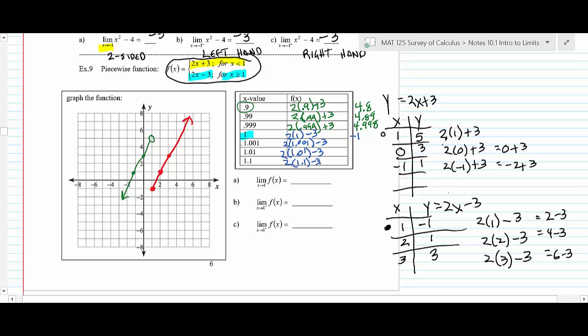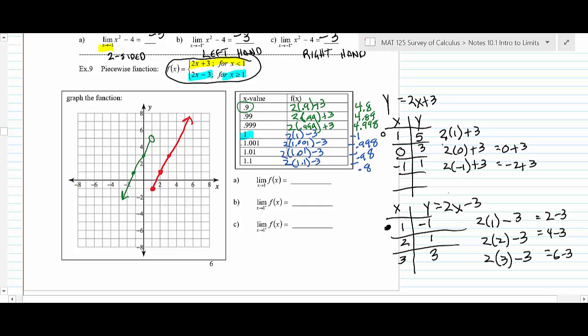So I have 2 times 1.001 minus 3, that's going to give negative 0.998. The next one, 2 times 1.01 minus 3, is negative 0.98. And the next one, 2 times 1.1 minus 3, is negative 0.8, like this.